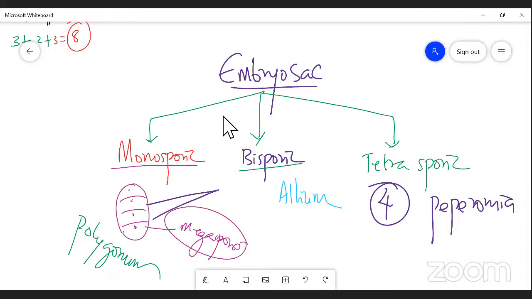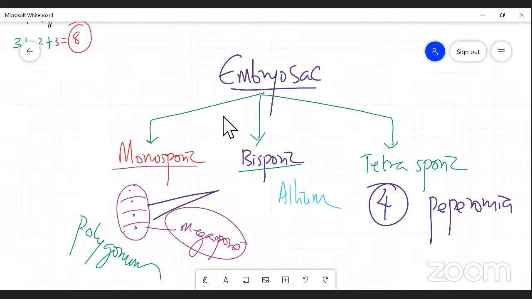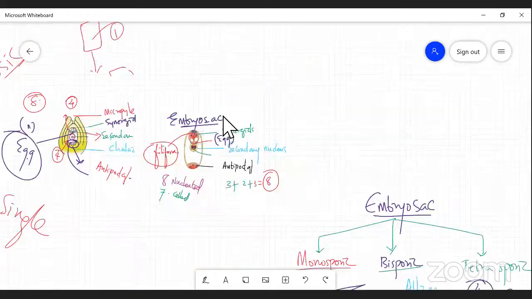Students? Will you give an example for monosporic? Only one megaspore functions. Very good. Only one megaspore is involved.